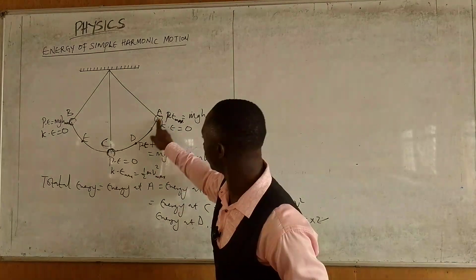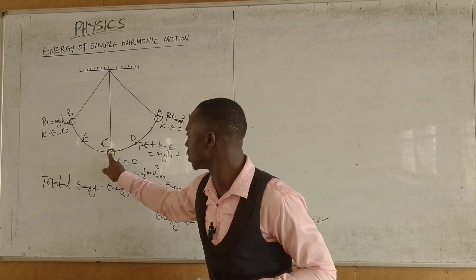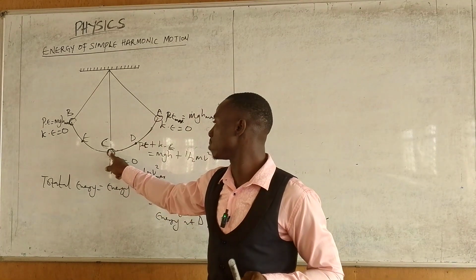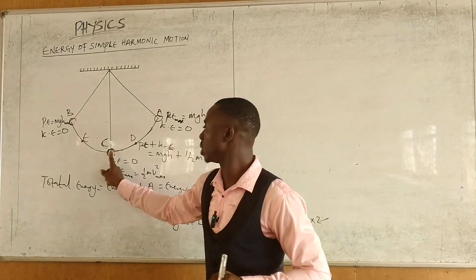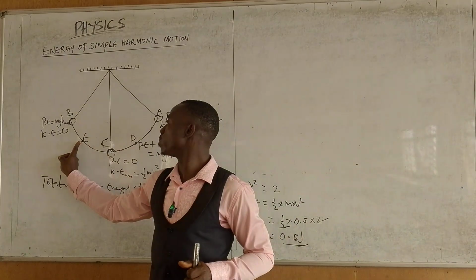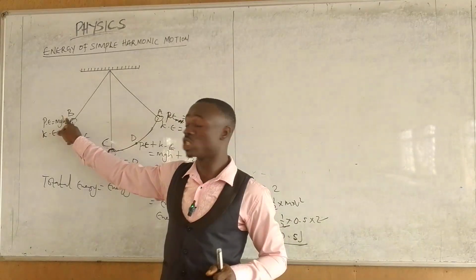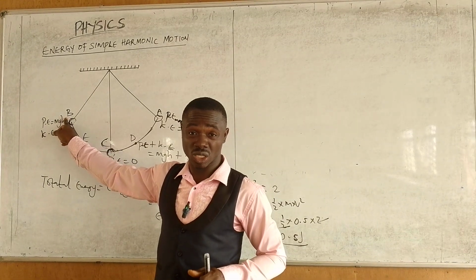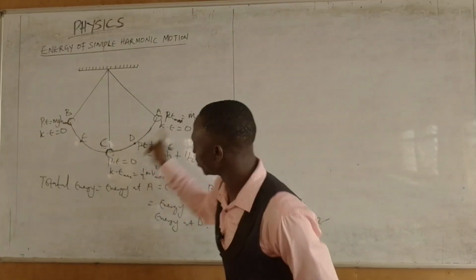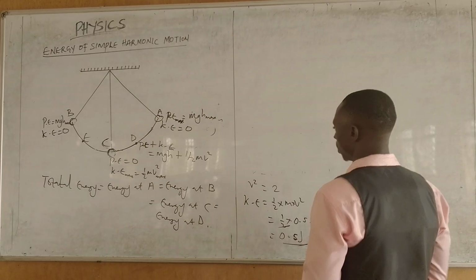So potential is reducing, while kinetic is increasing. So kinetic becomes maximum here, potential becomes 0. And as you are going up again, potential is increasing, while kinetic is reducing. So that kinetic becomes 0 here again, and potential becomes maximum. So the same thing happens again and again periodically.